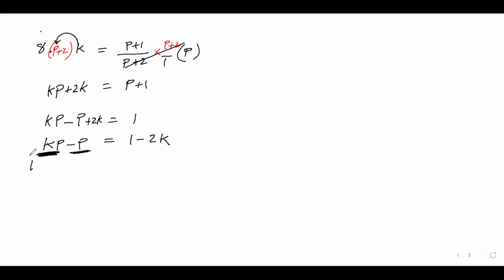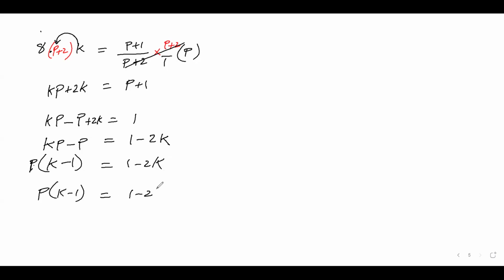What's common? And your answer is P. So P into PK, okay, P into negative P is -1. Anybody lost? So I'm dividing throughout by K minus 1.